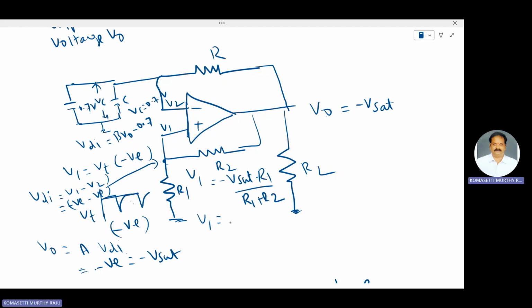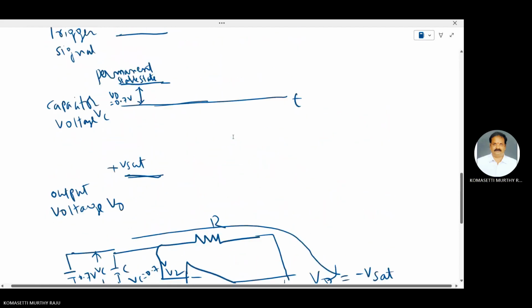Therefore, V1 is equal to minus beta Vsat. V2 is 0.7 volts. Due to that negative voltage minus Vsat, the capacitor, already charged to 0.7 volts, is charging towards minus Vsat negatively. These things are indicated in this diagram.